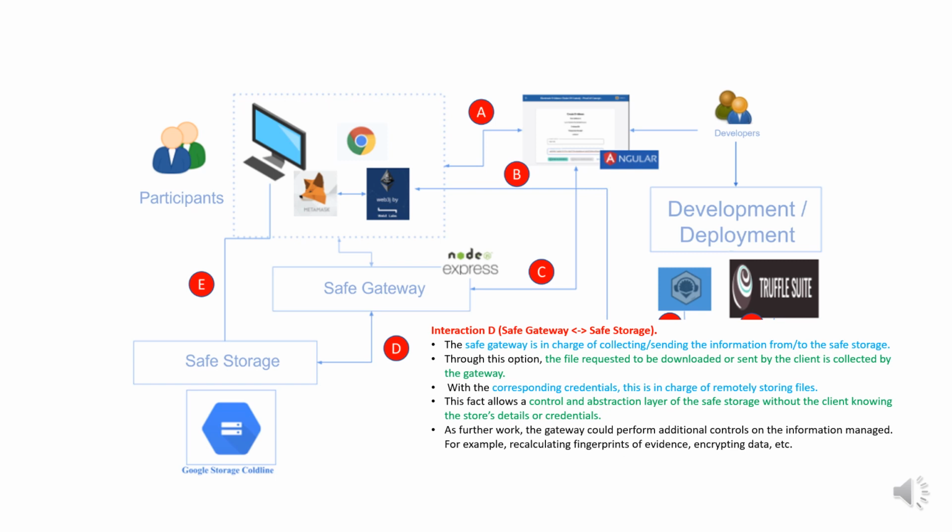So this fact allows a control, an abstraction layer of the safe storage without the client knowing the storage details or credentials. And as suggested further work, the gateway could perform additional controls on the information managed, for example, recalculating the fingerprints of evidence or encrypting of data, etc.